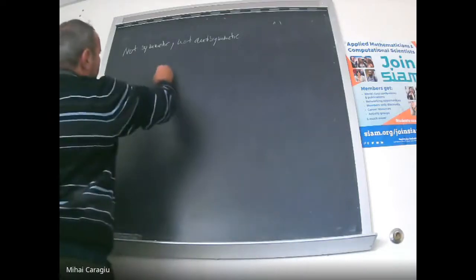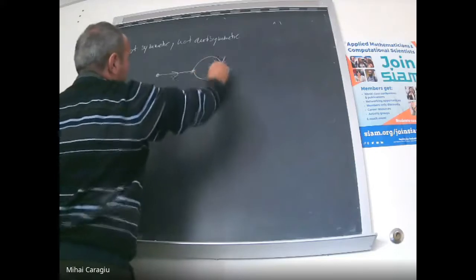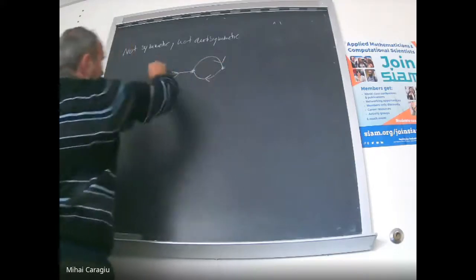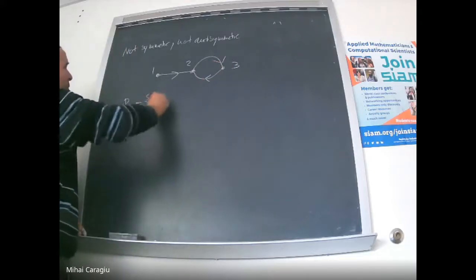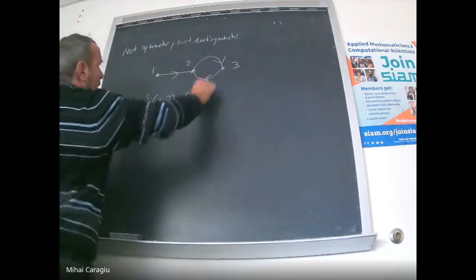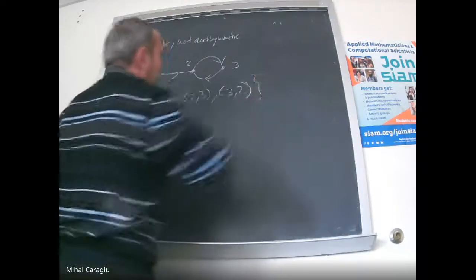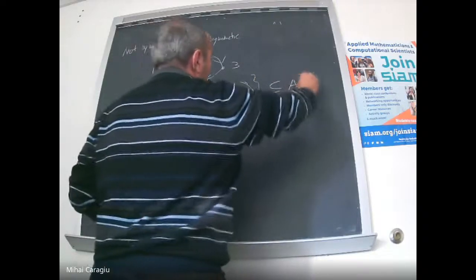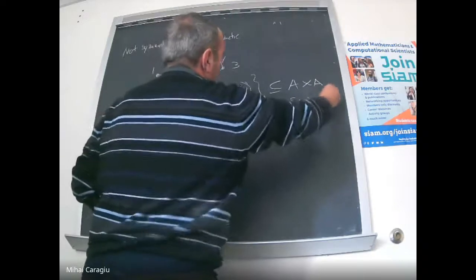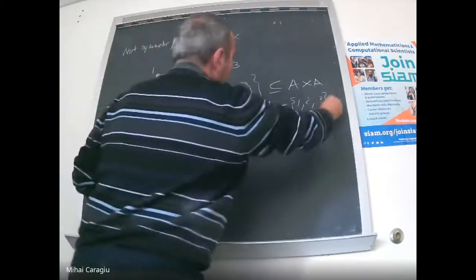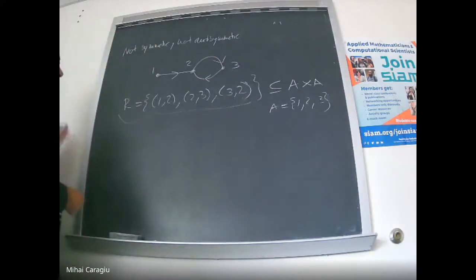So a simple one would be a defeater for symmetry, followed by a defeater for antisymmetry. So the relation R equals {(1,2), (2,3), (3,2)}, a subset of A cross A, where A is {1, 2, 3}. That relation is not symmetric and not antisymmetric.